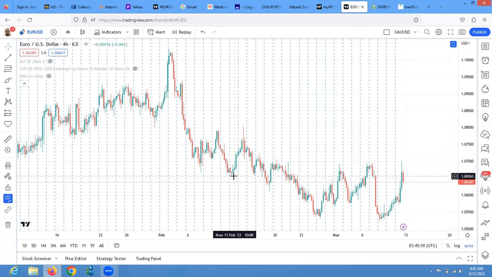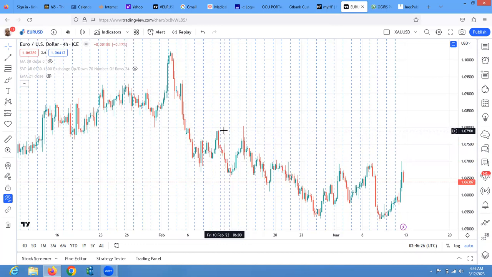Then we have an X, which went down and broke structure to the downside. And again, we have a C or a Y. And the old structure here forms like an expanded or extended triangle, flat, because when you look at the A, the whole of this as an A or W, B went below this, and C also broke structure above here.